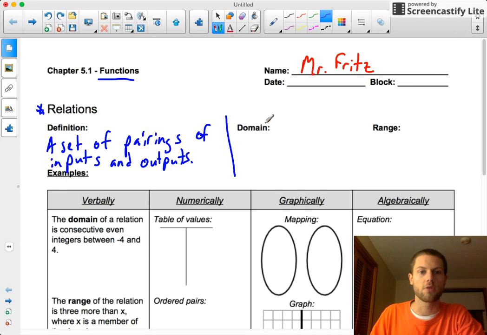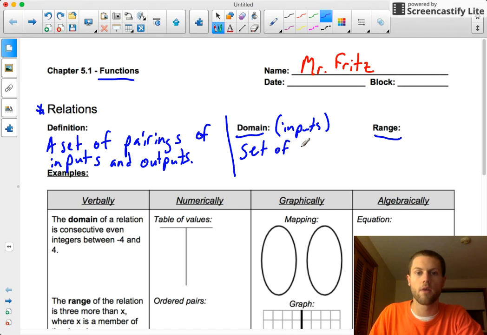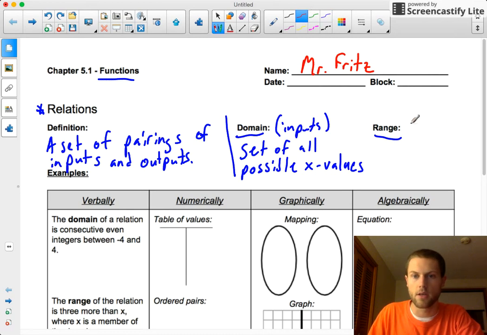And in a relation, we have two specific terms that we talk about. We said it's a pairing of inputs and outputs. Well, the domain refers to our inputs. And we also refer to the domain as the set of all possible x values. The range we see is a fancy term for our outputs.